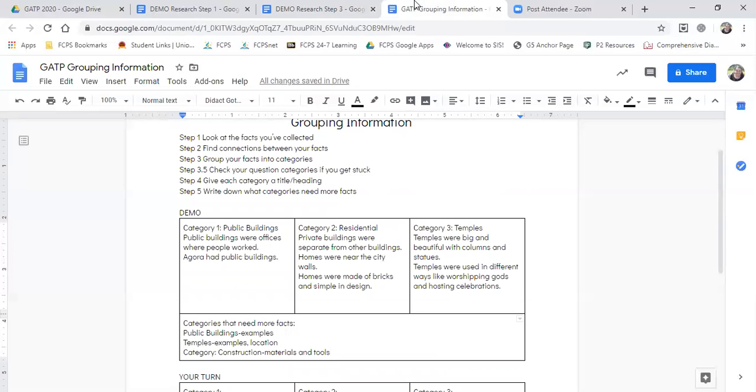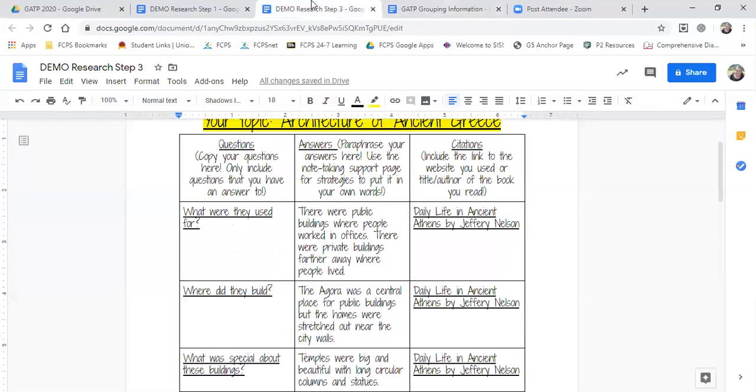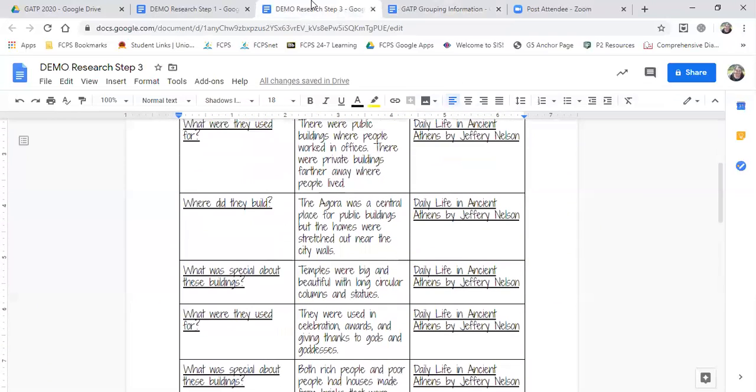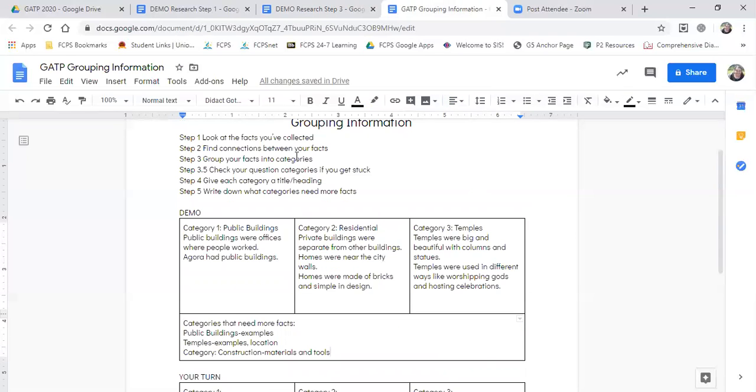So I went through all of these steps. I've looked at the facts. I've tried to group them, even though, as you may have noticed, this question had public and private, and so did this one. Even though they were in the same answer, I took those pieces of information apart to see, okay, this is mostly focused on public, this is mostly focused on private or residential where they lived, and this one's a whole separate category of temple.